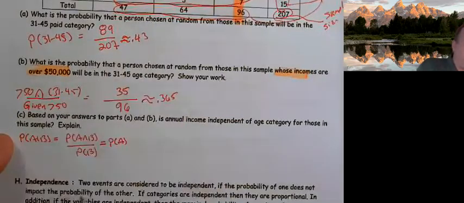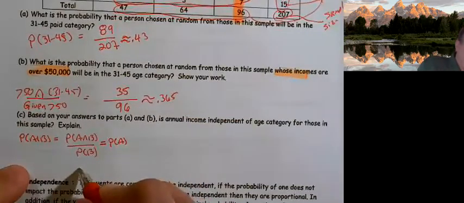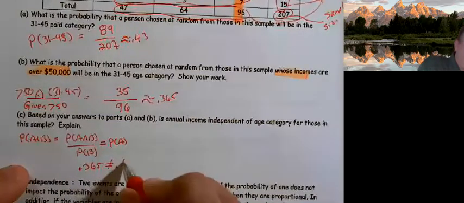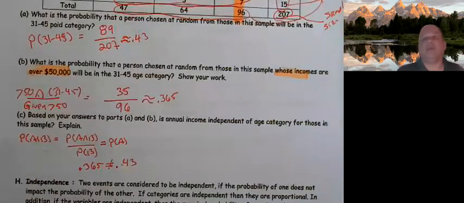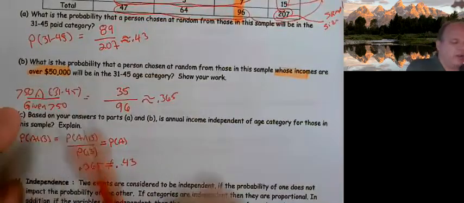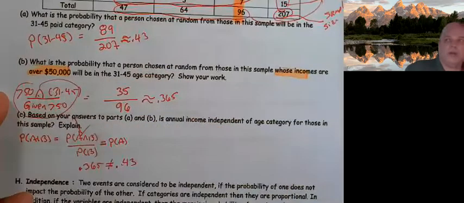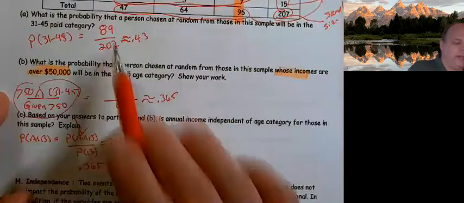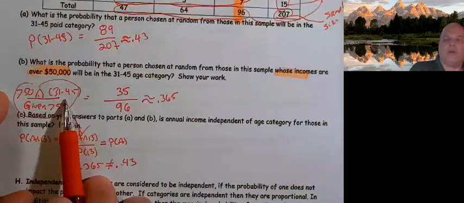If I show that, does 0.365 not equal 0.43. And that's just because I recognized that this was the same as that, and this is A, okay? Because this is 31 to 45, which is referenced there.